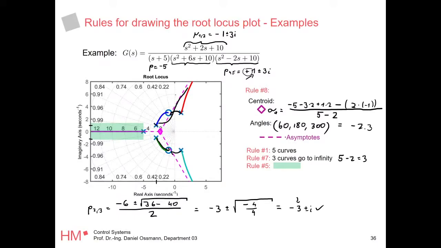This usually never happens, such a bad crossing, right? But to be fair, for this example you would have needed a couple more rules. For example, there's a rule for how this curve goes into the zero, and how this curve leaves the pole here.